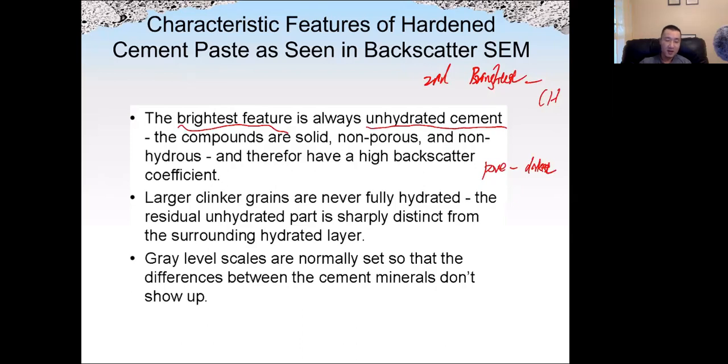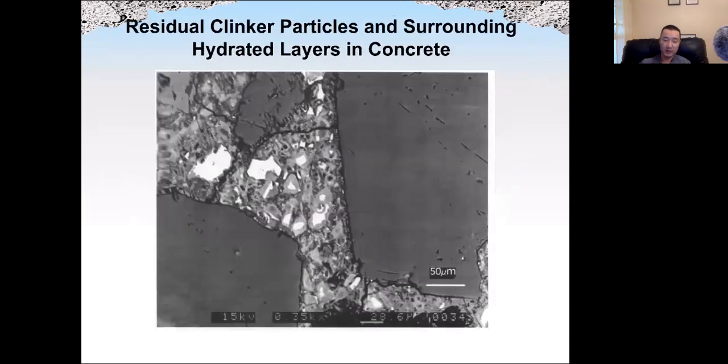All right, and here's a large clinker never fully hydrated. As we can see here, this is one cement clinker. The outside is hydrated, but the inside is very bright, which means it is unhydrated.